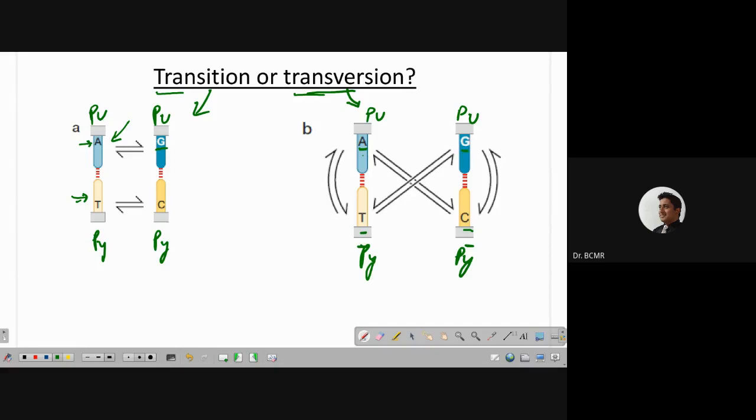If guanine is replaced with T or C, then also it is a transversion. And C, if it is replaced by A or G. So you can think of it like this: purine to purine, pyrimidine to pyrimidine, that is transition. If it were purine to pyrimidine or pyrimidine to purine, then it is transversion, right? Those are substitution mutations.